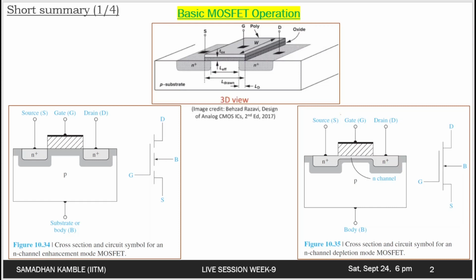First we understood how a PN junction works, and then we understood how a MOS capacitor works, which is a metal, oxide, and semiconductor sandwiched together, and we argued that it is at the heart of MOS devices. One of such devices is the MOSFET, that is, the metal oxide semiconductor field effect transistor. All of that lays the foundation for understanding one of the most important semiconductor devices, the MOSFET.